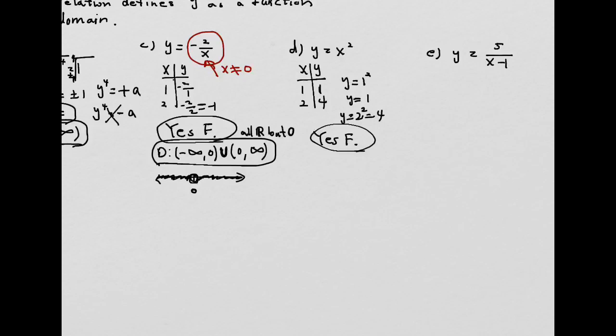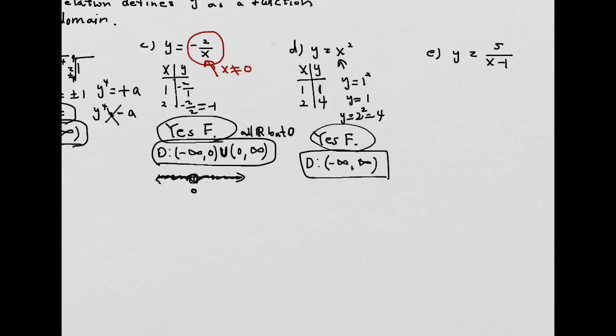Your domain. Do we have any restriction for quadratic? Can we not pick any numbers for this x right here? We can pick any numbers. I can pick a negative number. A negative number squared will be positive, right? The y will have restrictions then, but for x, I can pick a negative number, positive number, or even 0. So since I can pick any number, there are no restrictions. It will be negative infinity to positive infinity for the domain.